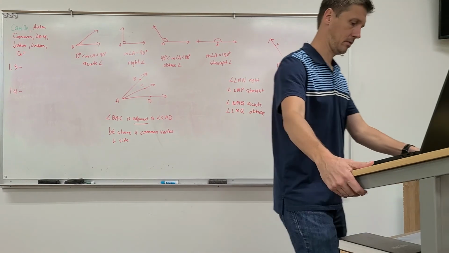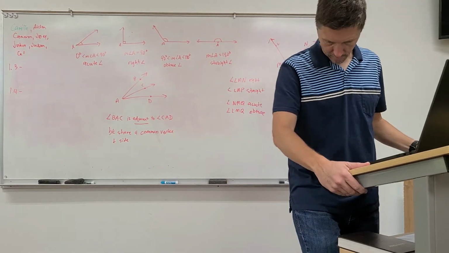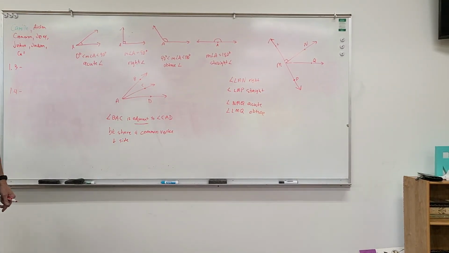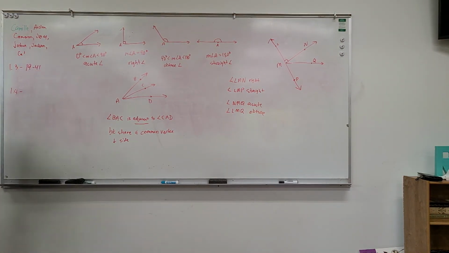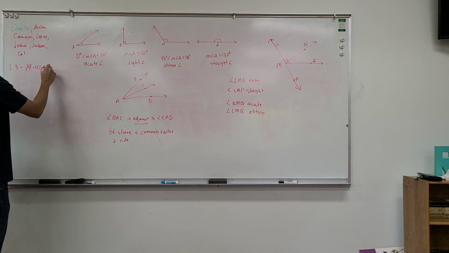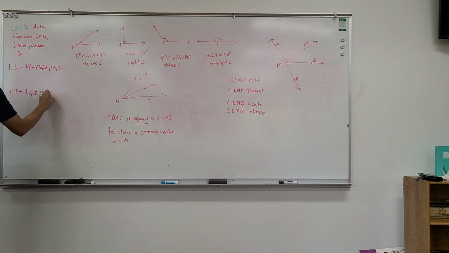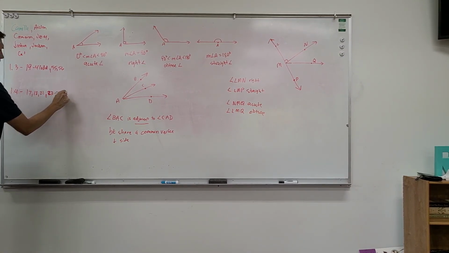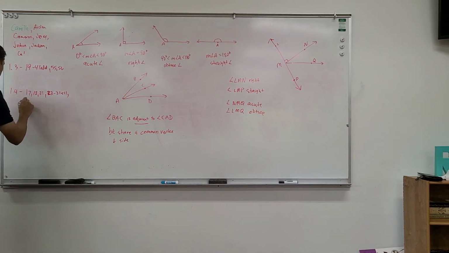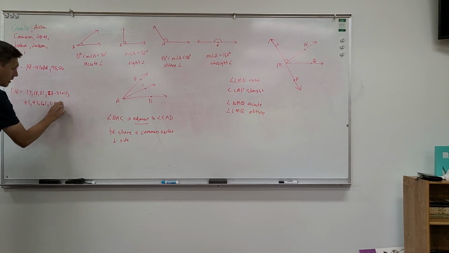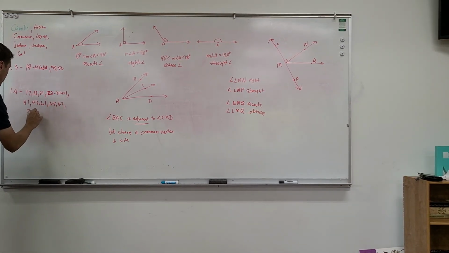All right, so 19 through 41, and then 17, 18, 21, 23 through 31, all of those, 41, 43, 61, 64, 67, and then 70, 72, 74.